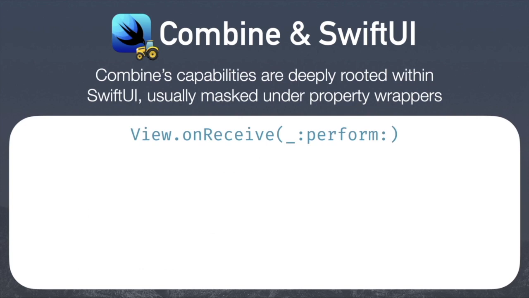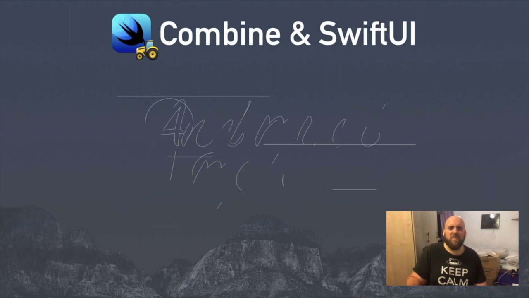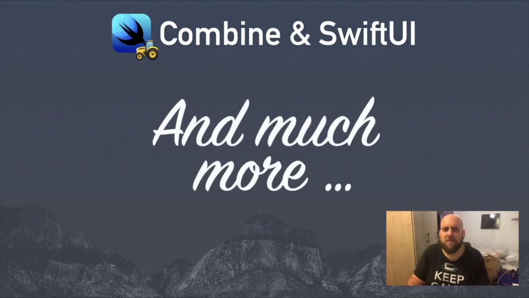And finally, every view has an onReceive modifier, and you can use that one to pass any publisher you want and react in your view and in your view state to whatever that publisher just did, which is again very, very useful. This is just a very, very small peek. Basically, it just comes to show you how much these things are tied together and how much your knowledge in Combine is going to influence how you design your SwiftUI apps.